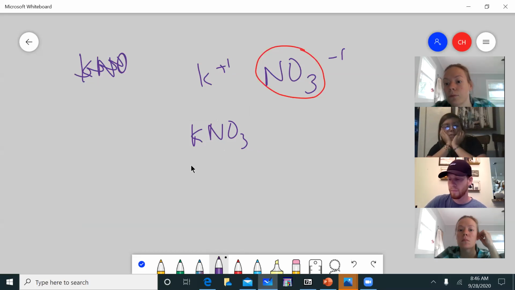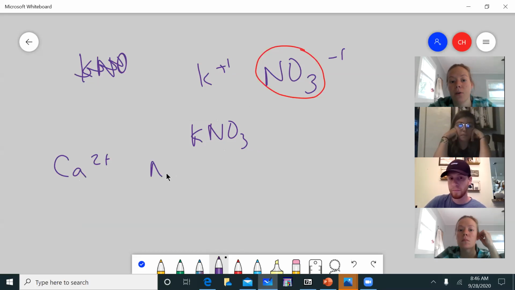They will know. What if we did the next one, which is calcium, Ca2+ with the NO3. This 2 is going to tell me I have 2 of these.